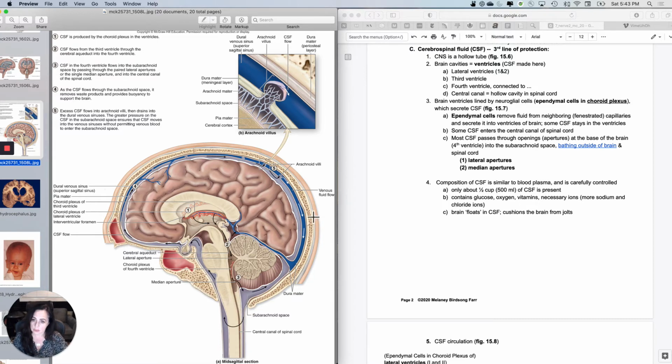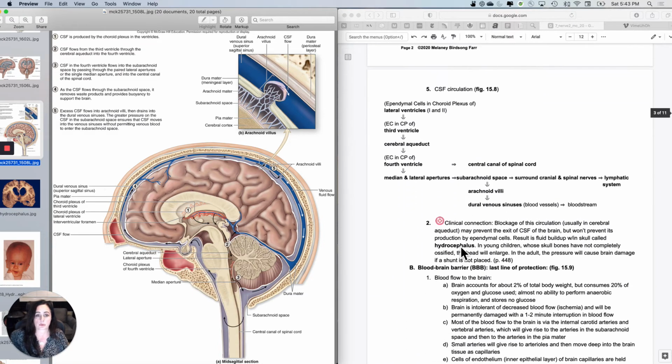And so it's circulating both inside the brain and around the outside of the brain. And it's both chemically protective because it's got all that good stuff in it, but it's also physically protective because it cushions the brain from jolts. So like every time you get hit in the head, you don't get a concussion, in part because it's like sitting in soup, which is the cerebrospinal fluid.